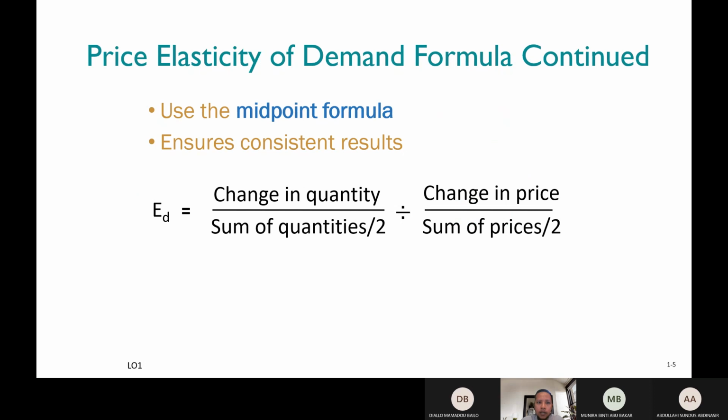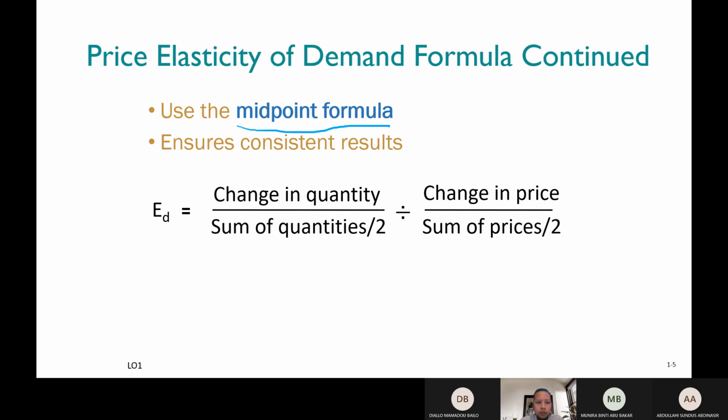There's also a more accurate calculation. You can use that formula, but the more accurate one is the midpoint formula. I would recommend using the midpoint formula to calculate elasticity generally, as it is more consistent, especially when you want to compare.